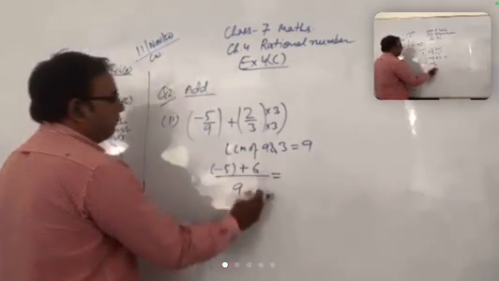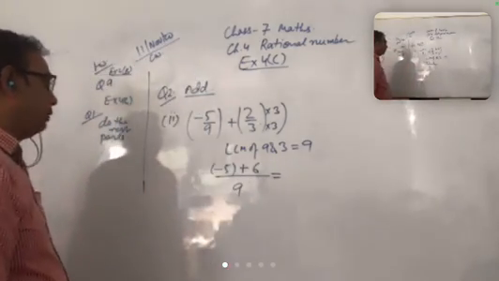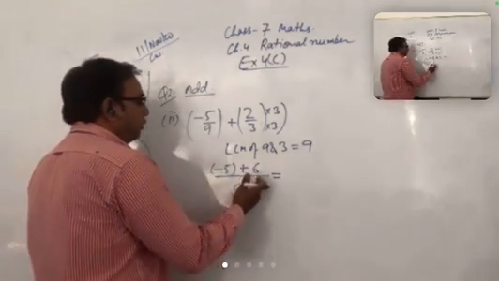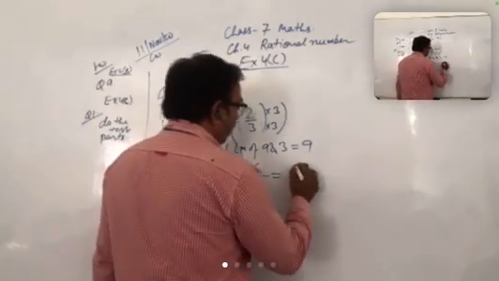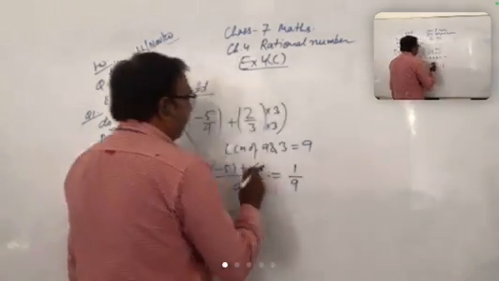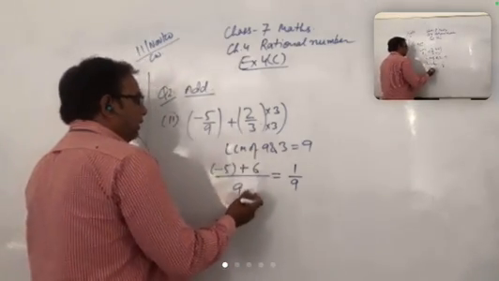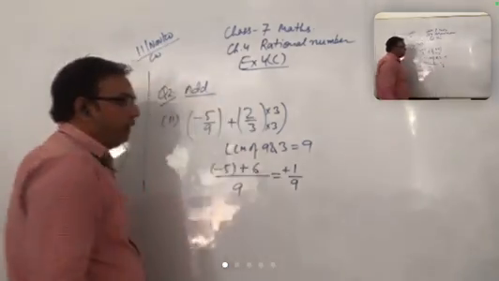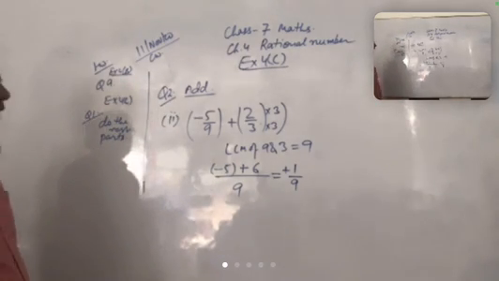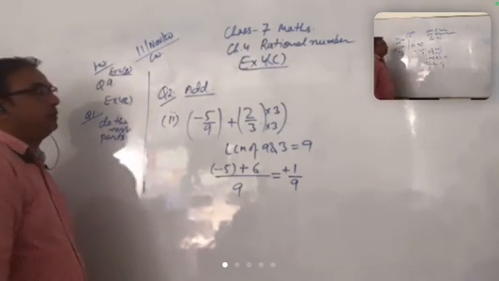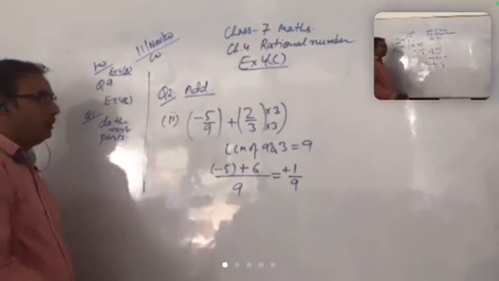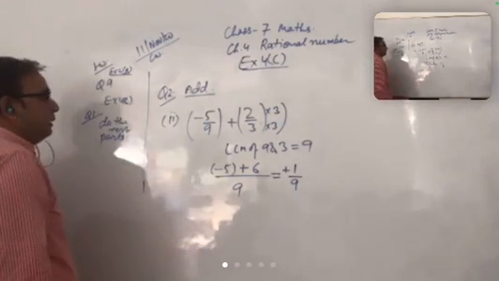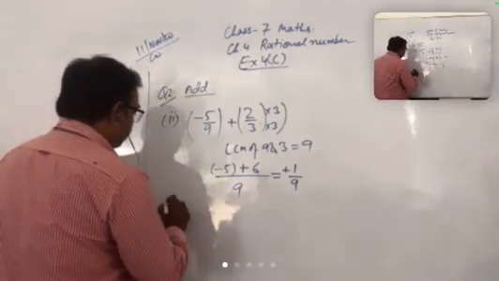Now minus 5 plus 6 is equal to, तो उसके लिए हमें चेक करना है कि what is the sign, minus plus is minus, so 6 minus 5 is 1 upon 9, and now you check the sign. So 6 is a bigger number, so it is positive 1 upon 9. Clear? Any doubt in this question? Anyone has any doubt, please ask. Otherwise, I will do the next part.